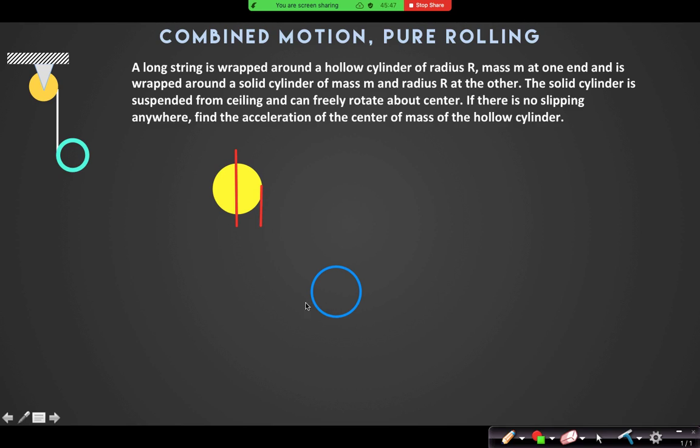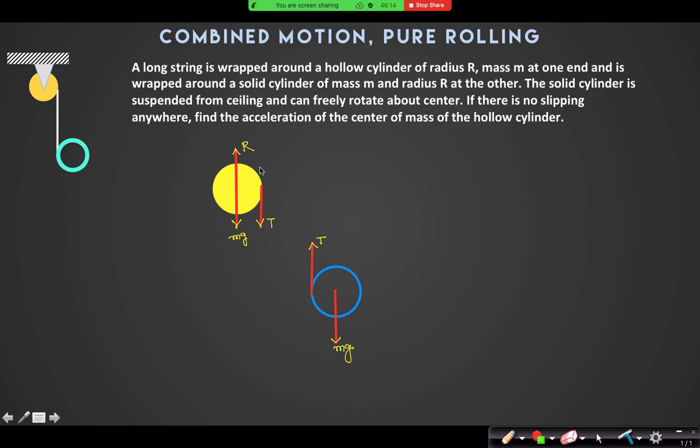And for the other, mg and tension only. The same tension is there and mg is there. So here, hinge reaction, mg is weight, tension is there, tension is also there, and the same mg is acting there.